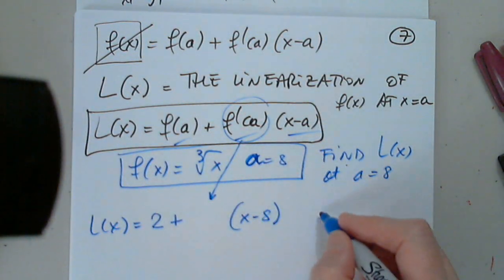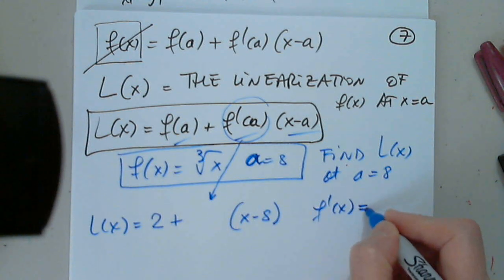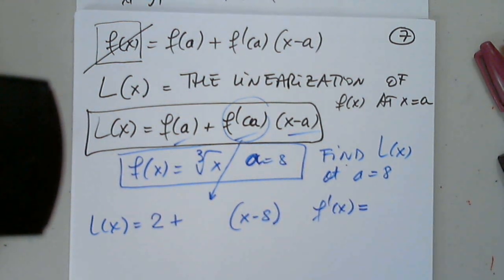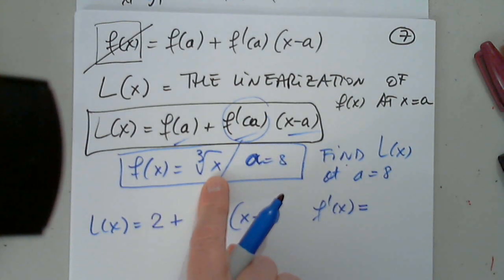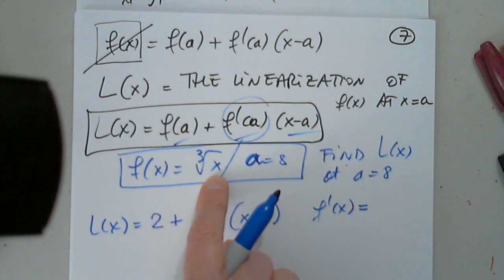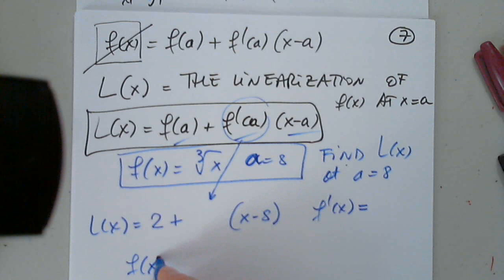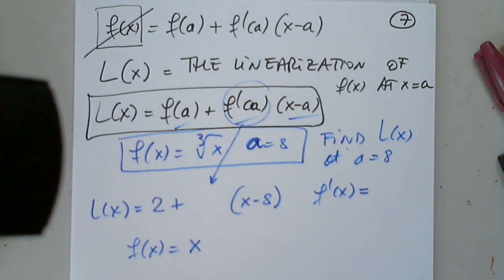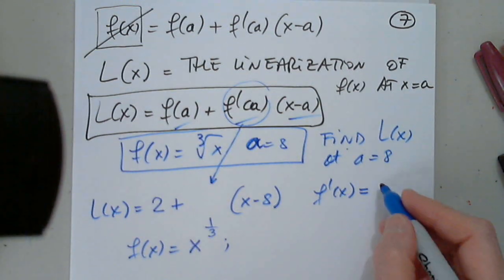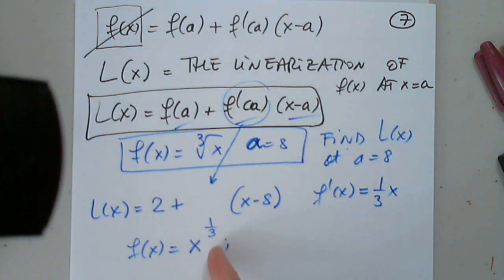So first let's find f prime of x. Can anyone find f prime of x for us? Remember, it's easier to change this into what before we differentiate it? X to which power? 1/3. Very good, awesome. So now f prime is 1/3 x to which power?